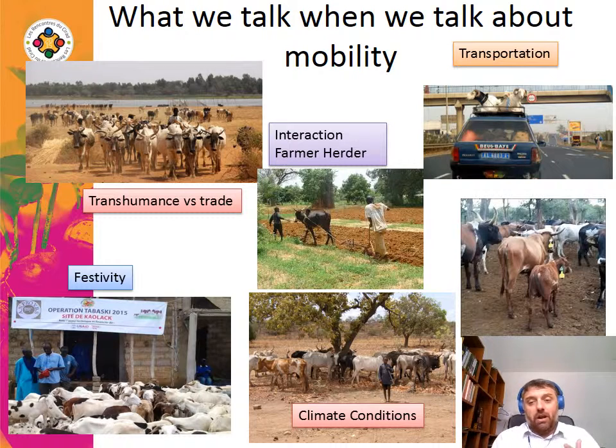Because of the harsh climate conditions, animals are kept moving looking for better grazing and water sources. In certain periods of the year, we see the transhumance movement, where animals are moved along long journeys looking for better grazing, mostly in the coastal area.